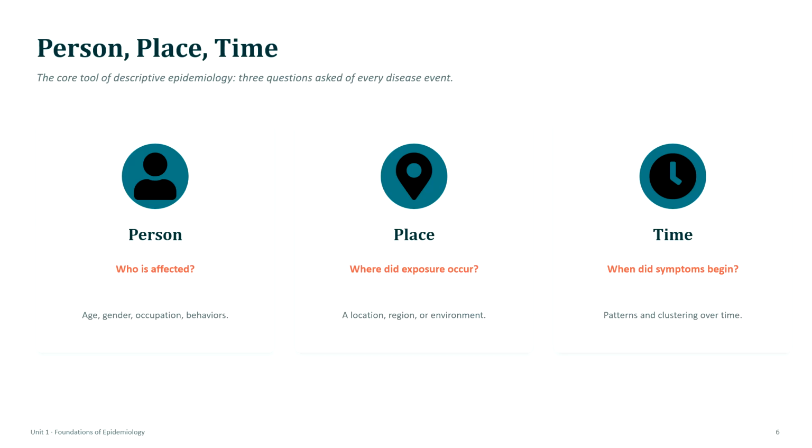To answer whether these cases are related, epidemiologists reach for their most fundamental tool: person, place, and time. This is the backbone of descriptive epidemiology, and you will use it constantly. Person asks who is affected, their age, gender, occupation, underlying health conditions, behaviors.